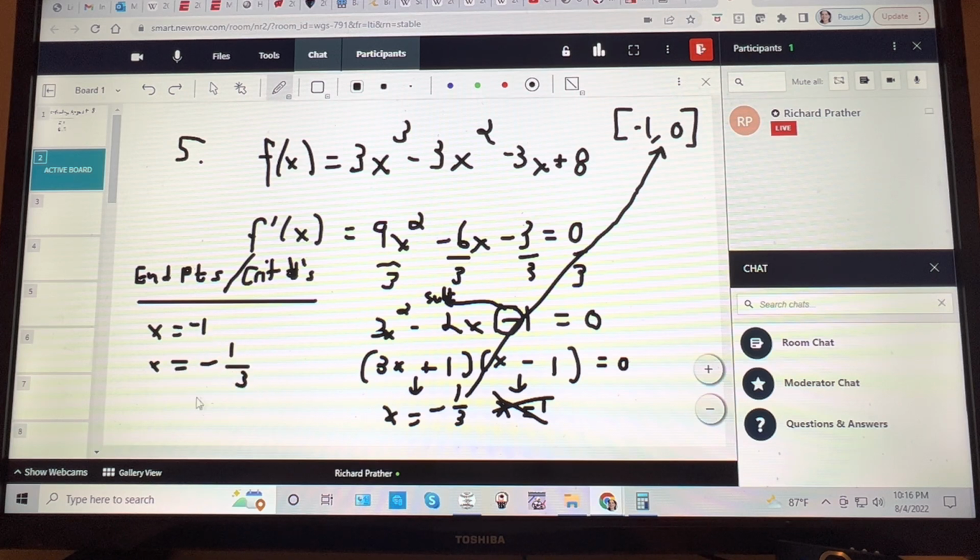Negative 1, negative 1/3, and 0. These are the only things we have to check. And then you just do f of x, literally. It's the y value of these. Not plugged into the derivative, but just the original function. So I need to plug in negative 1, negative 1/3, and 0. 0's easy because all the x's will disappear. So the answer is 8 when you plug 0 in.